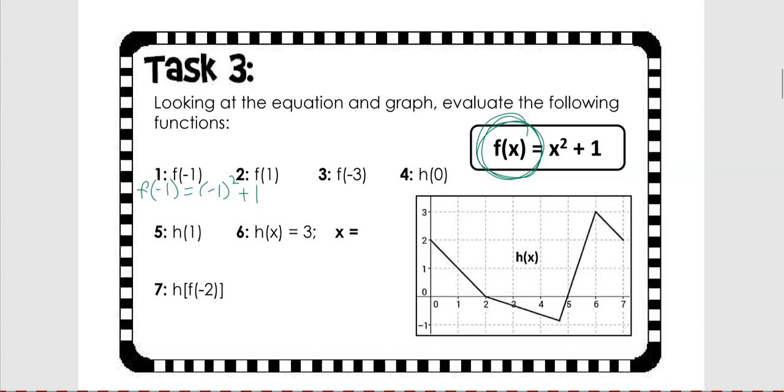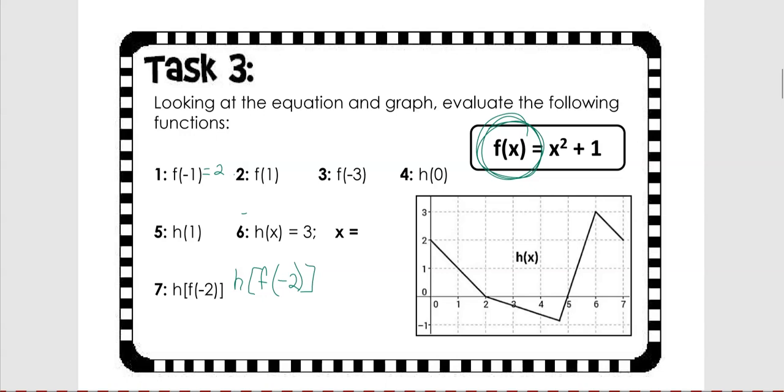All right, and we'll demonstrate that with number 3. So f of negative 1 is equal to negative 1 squared plus 1. Negative 1 squared is 1, plus 1 is 2. So f of negative 1 is 2. I'm going to help you with number 7. Number 7 is h of f of x, with negative 2 as the x.